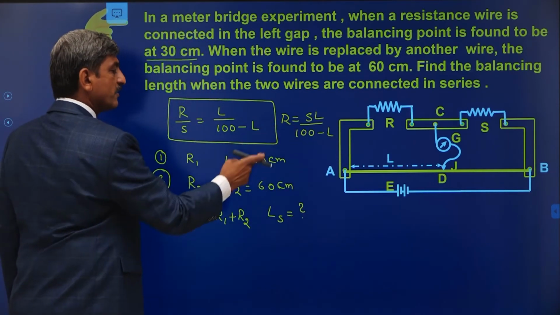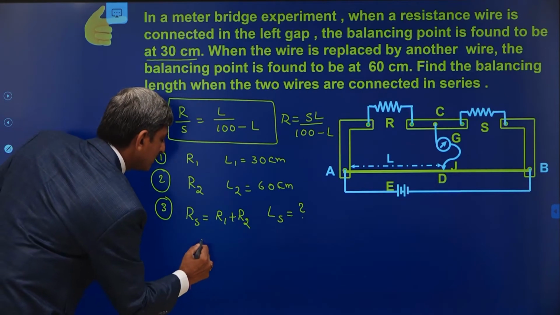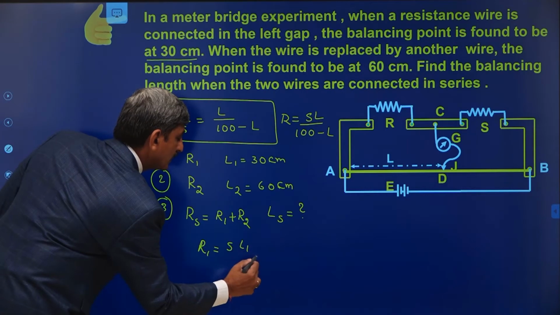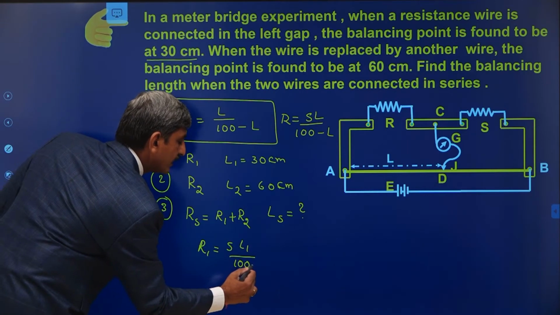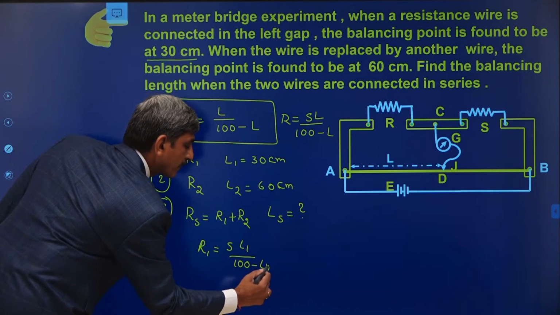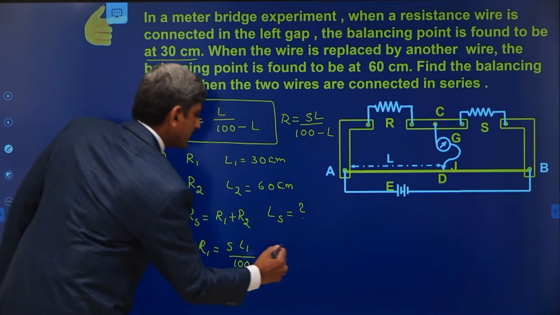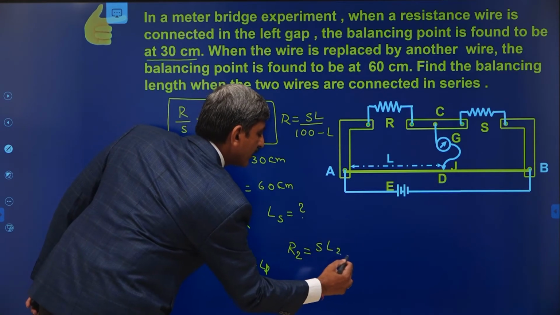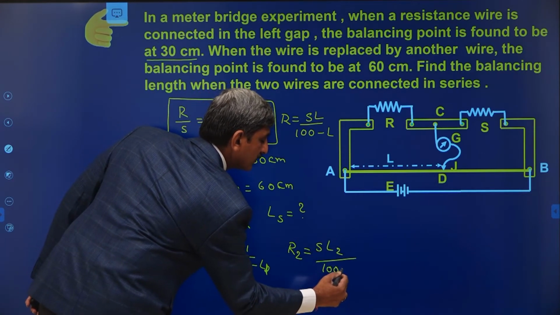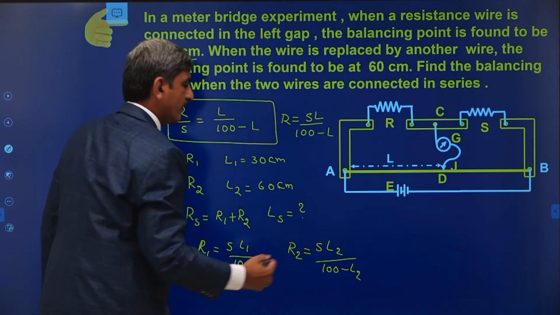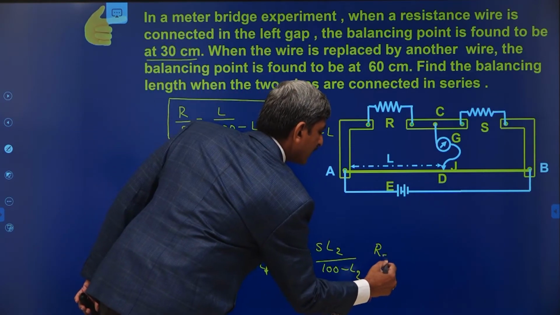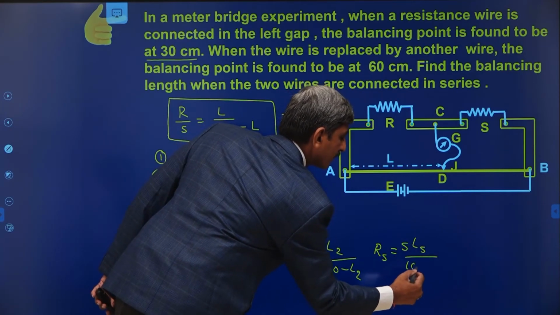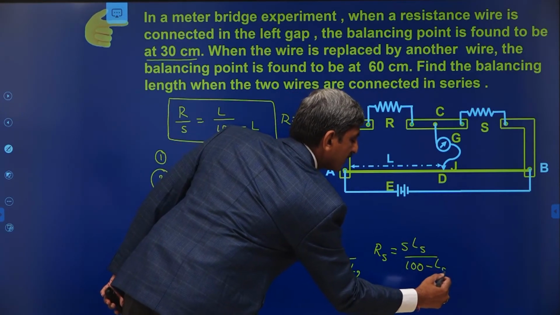By applying this equation for the first case, we have R1 is equal to S into L1 by 100 minus L1. For the second case, we have R2 is equal to SL2 divided by 100 minus L2. And for the third case, we have RS is equal to SLS divided by 100 minus LS.